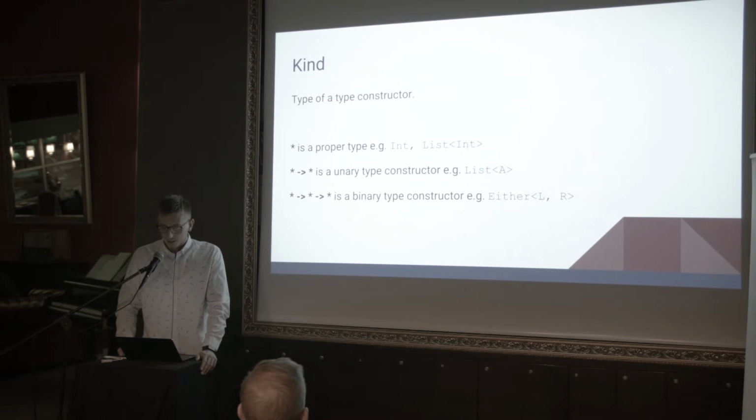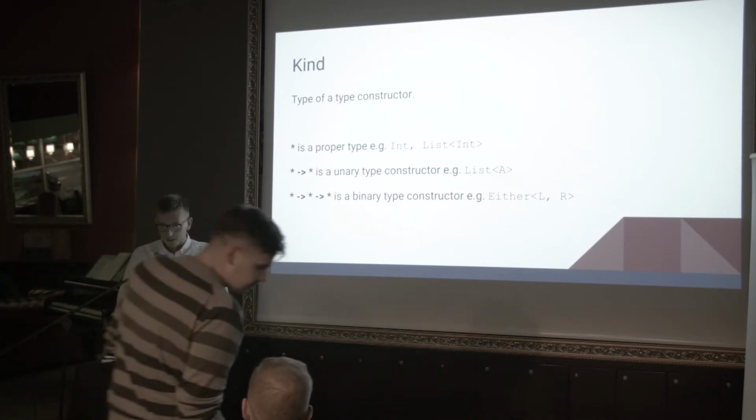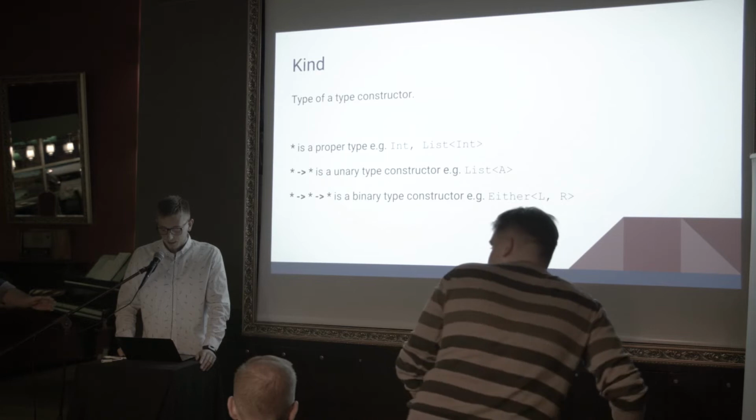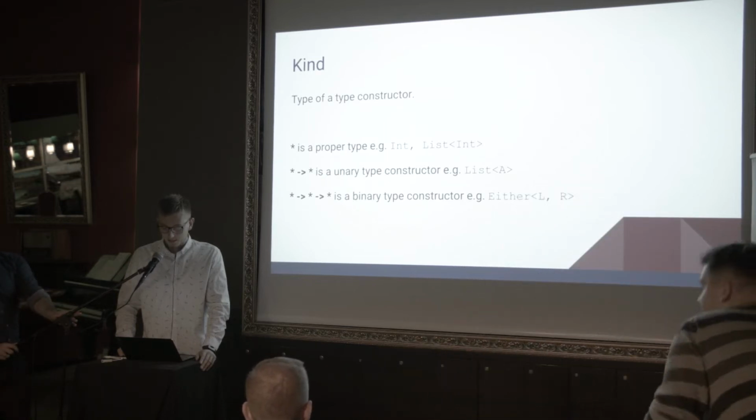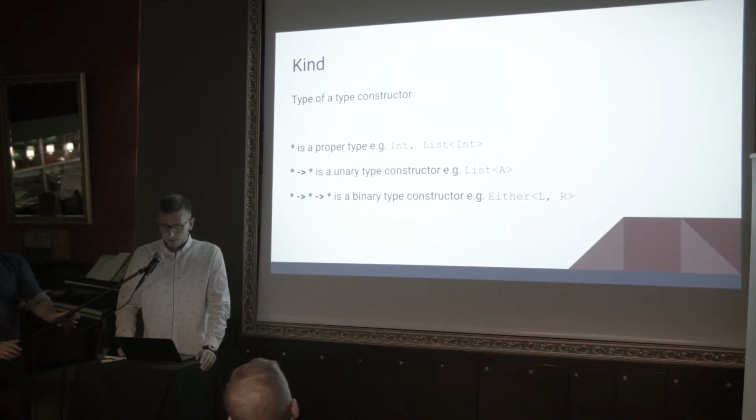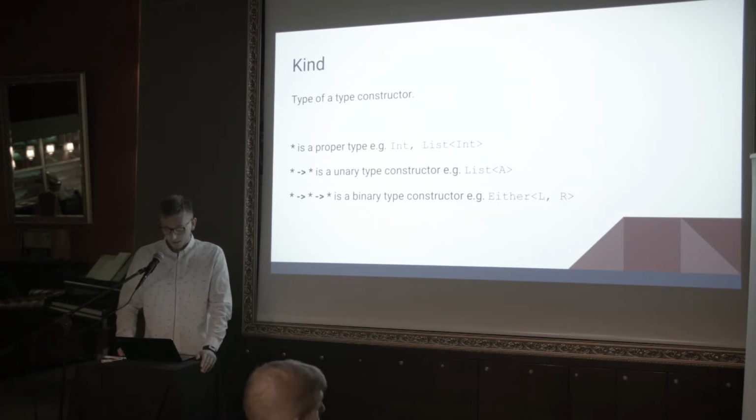The second definition, kind. Kind is a type of type constructor. A single asterisk is a proper type. For example, Int or List of Int. Asterisk to asterisk is a unary type constructor. For example, List of A. And asterisk to asterisk to asterisk is a binary type constructor.